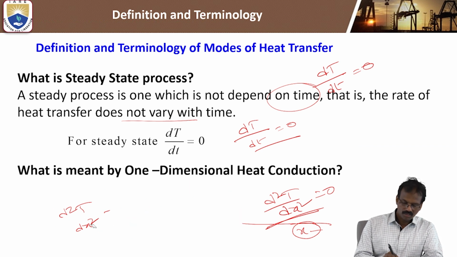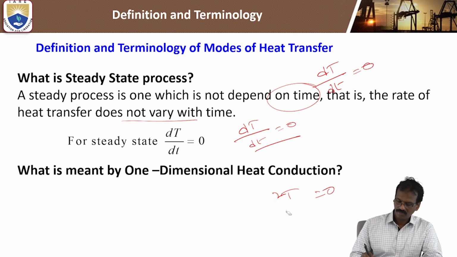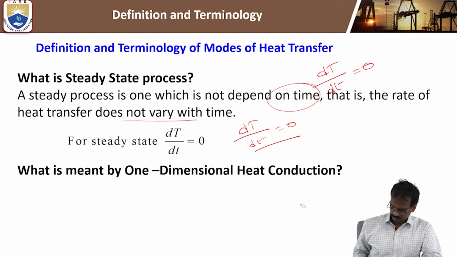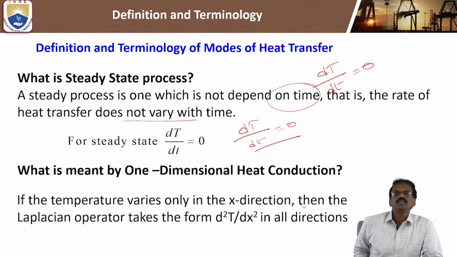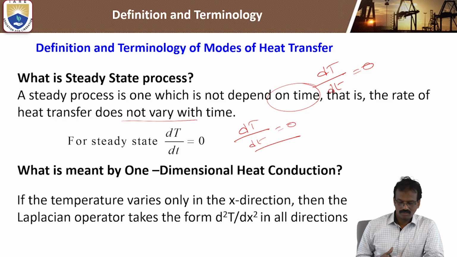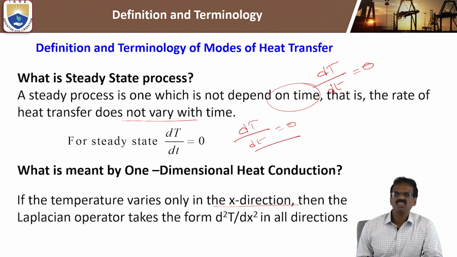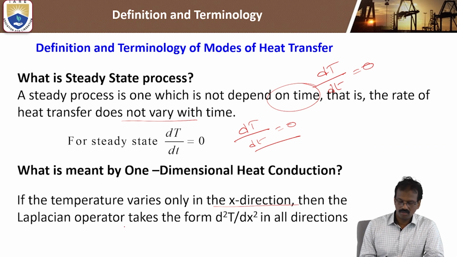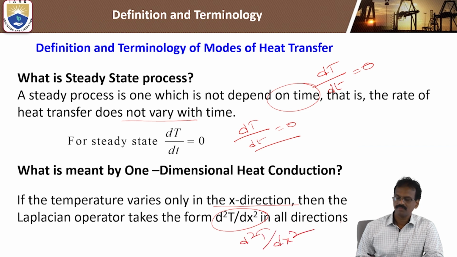We'll see the definition of this. If the temperature varies only in x direction, considering only one direction, then the Laplacian operator takes only one form, that is d square T by dx square.